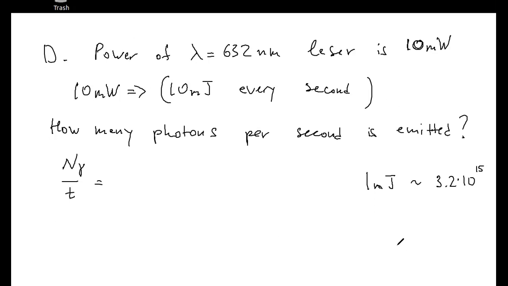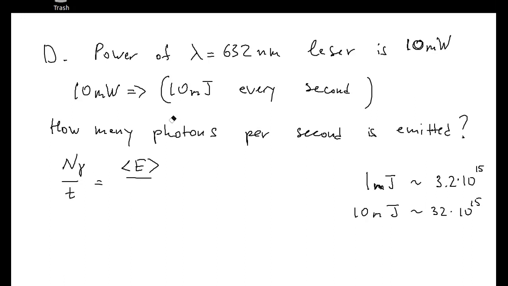Then, the next step. 10 millijoules corresponds to 32 times 10 to the power 15 photons, yeah? And then you emit this every second. Then there should be a number of photons per second. Technically, I would say it's energy over E gamma, per second.